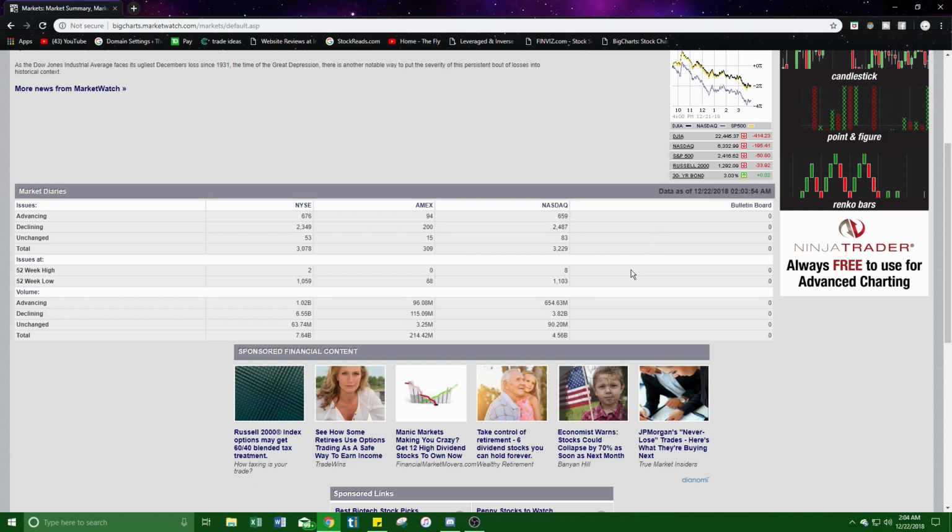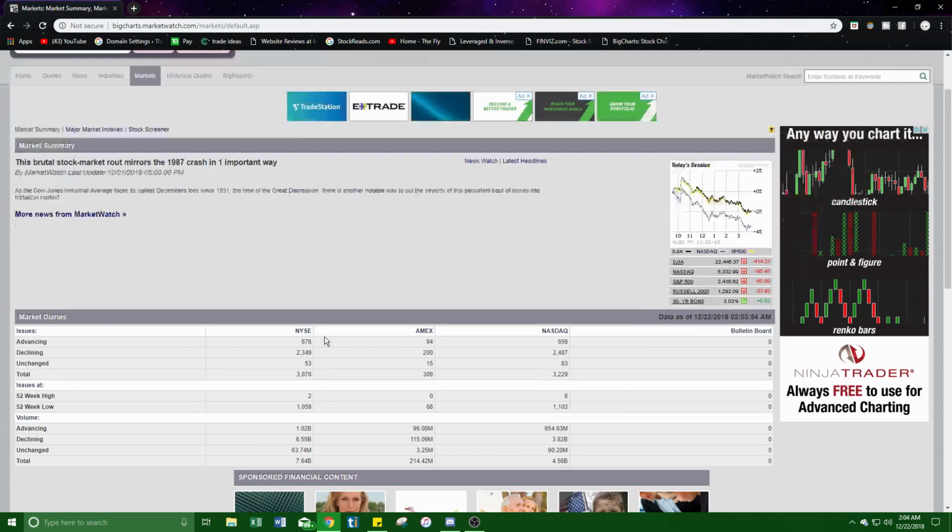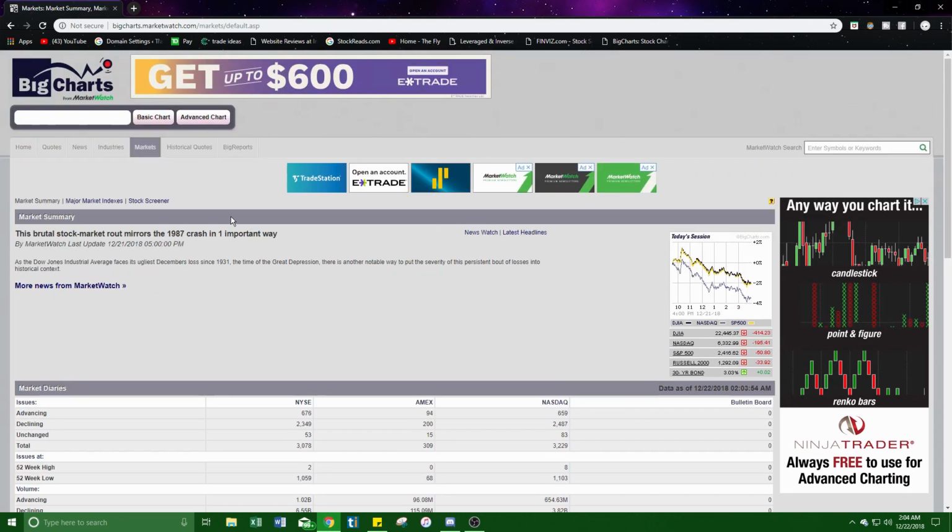I'll see how the market did. How many stocks were advancing for the day, how many declined for the day, the total, how many hit new 52-week highs and lows, and the volume for the day on all these exchanges. But then sometimes I'll occasionally come in here and just look at a chart and mess around with it.